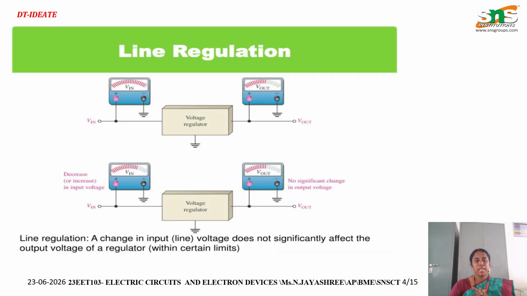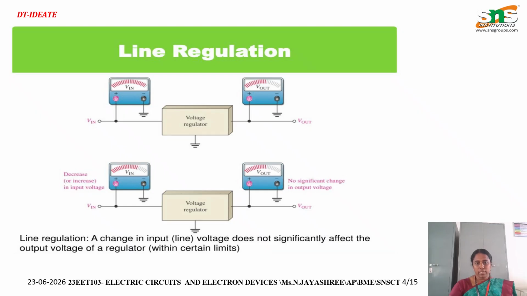Next one, line regulation. These are the line regulation diagrams for this voltage regulator. Here the input is given at the plus end and the negative end is connected to ground. Here the output varies, which is indicated by the red color.